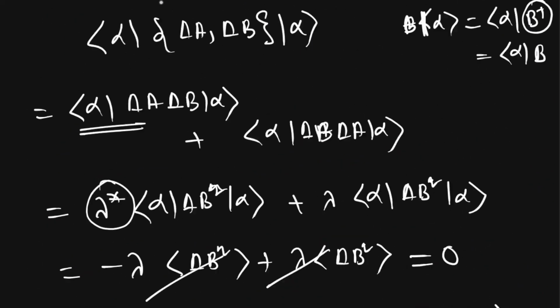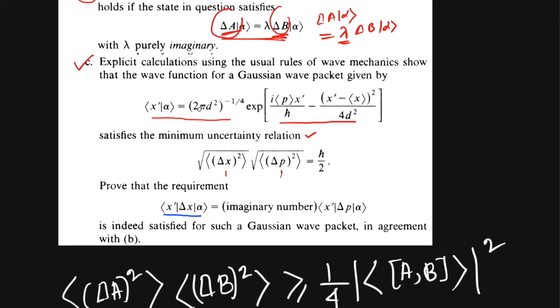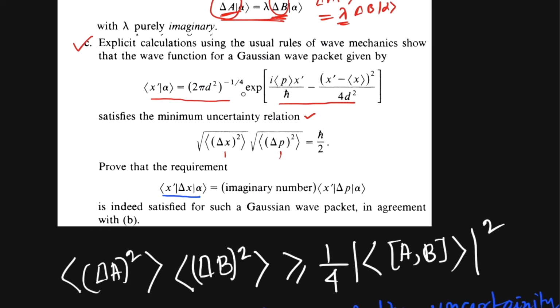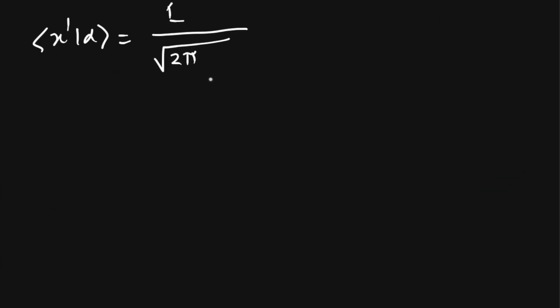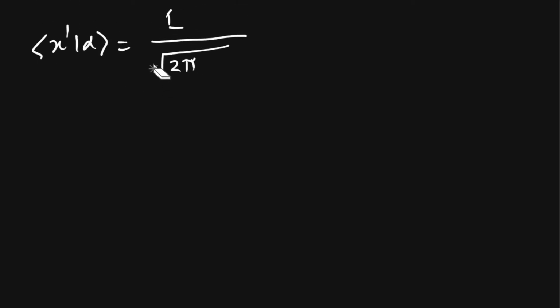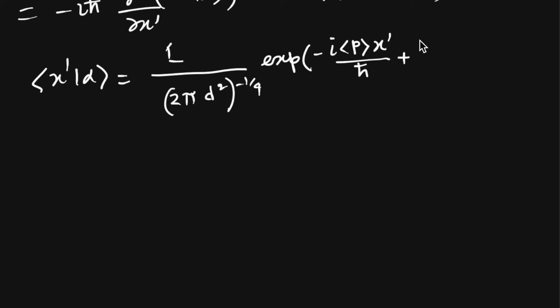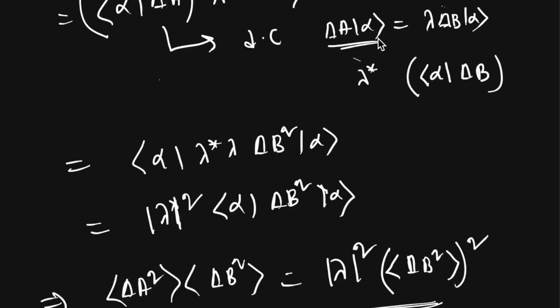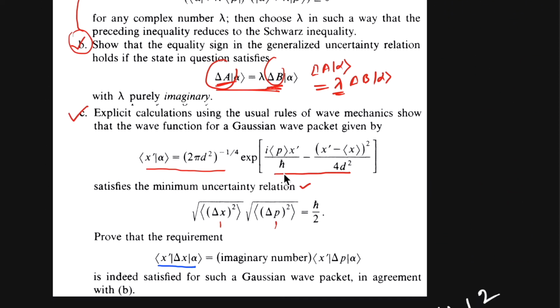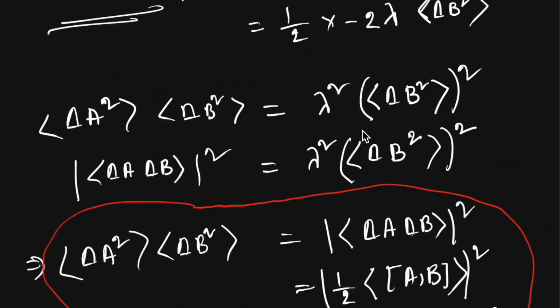Let us check again what its value is. It is 1 by 2 pi d square to the power minus 1 by 4, exponential of minus i p x prime by h-cut, plus, let us again see, minus x prime minus expectation of x by 4 d square, right?